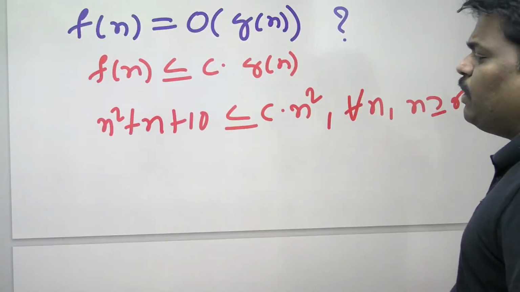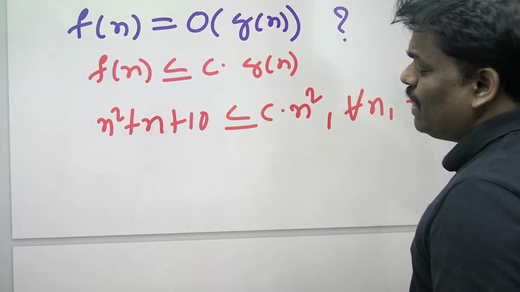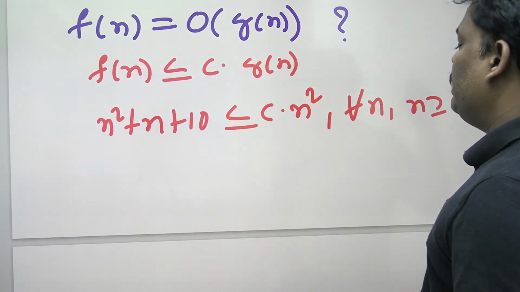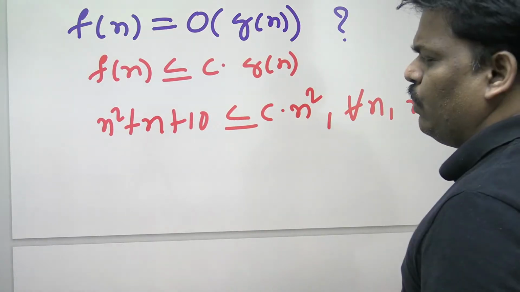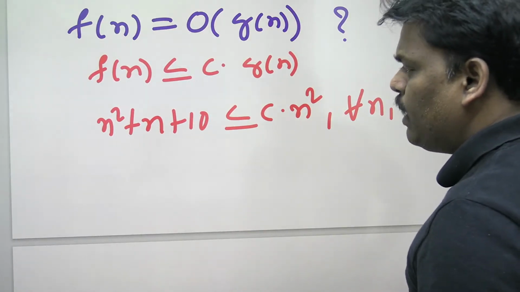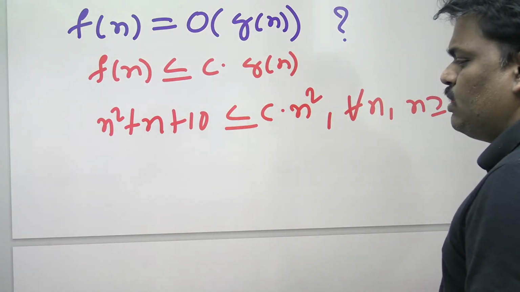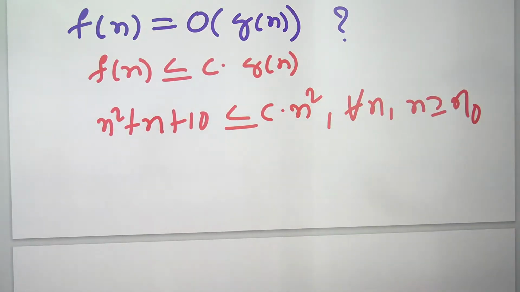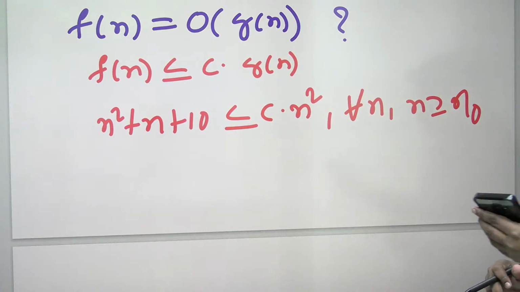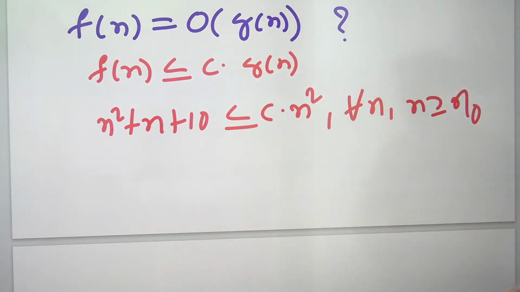Now, left side is n square plus n plus 10. Right side is simply n square. To be frank, left is bigger. I have to prove right is bigger with the help of constant c. Is it possible? If anyone says it is possible, please let me know what the c value will be.